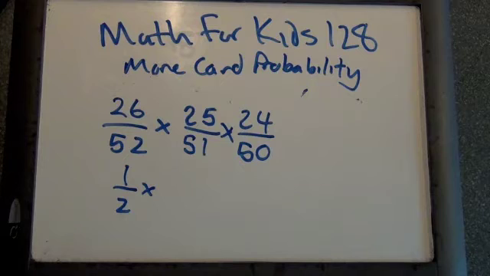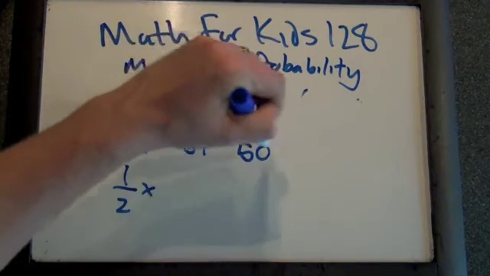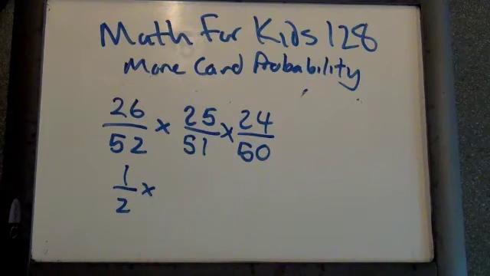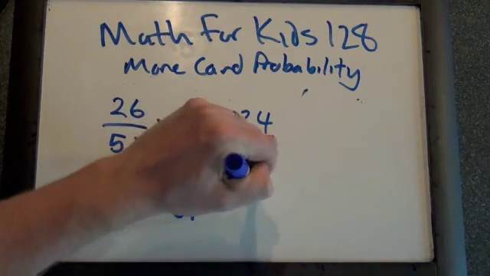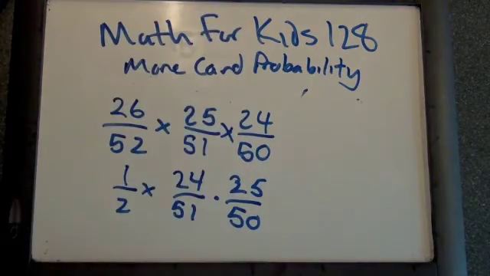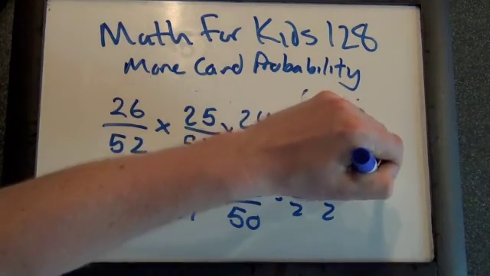We can flip them, because when you're multiplying, you can multiply in any order. So we get 24 over 51 times 25 over 50. 25 over 50 becomes 1/2. So this is 1/2 times 1/2 times 24 over 51.